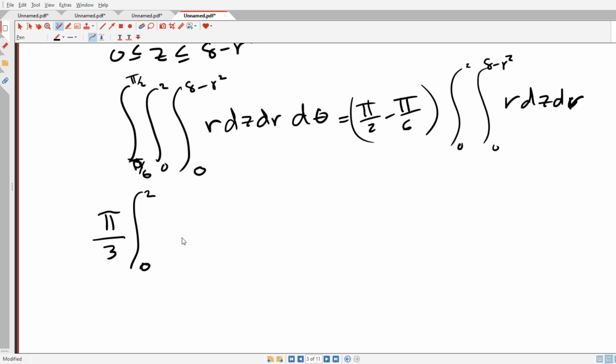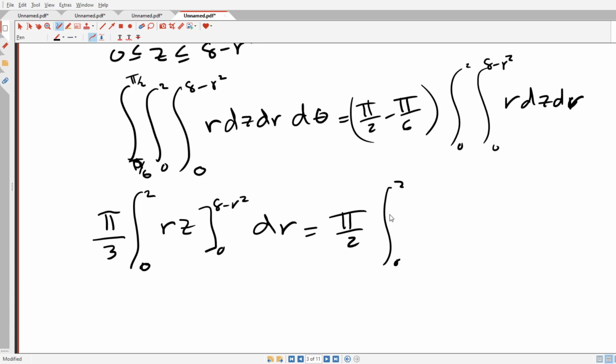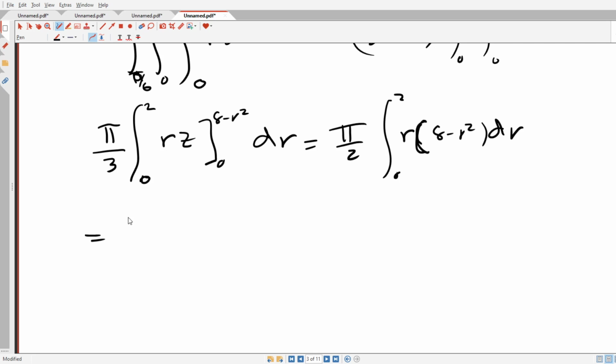We're integrating with respect to z first, so we get rz from 0 to 8 minus r squared, dr. Plugging that in, we have r times 8 minus r squared, dr, which is 8r minus r cubed, dr.